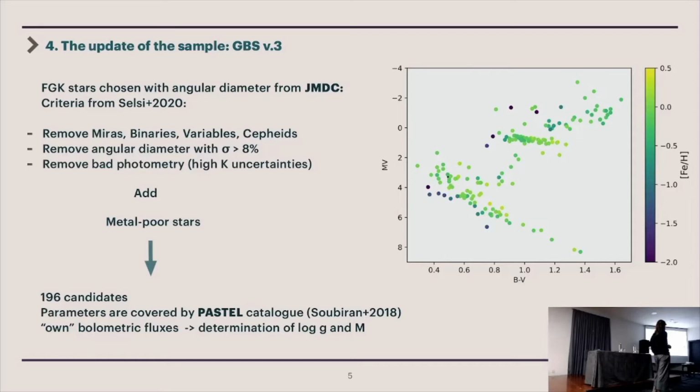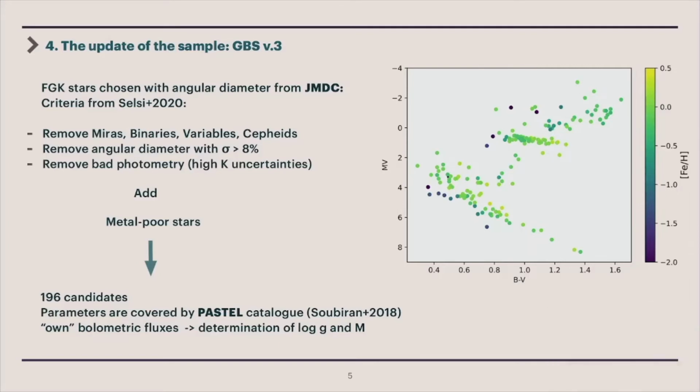So right now, the final sample is shown in the color magnitude diagram on the right. For all these stars, we also have parameters and iron abundance from the PASTEL catalog, which is a bibliographic catalog that contains stellar parameters and iron from high-resolution measurements.